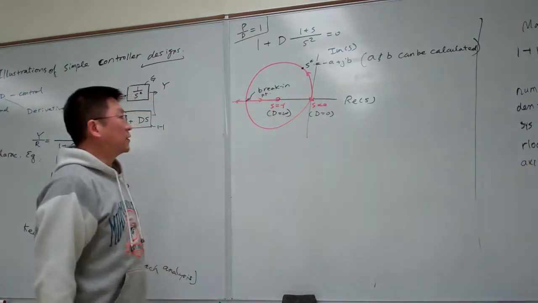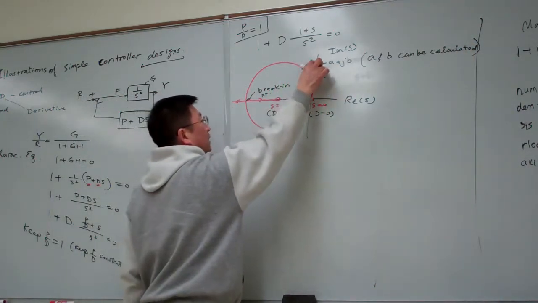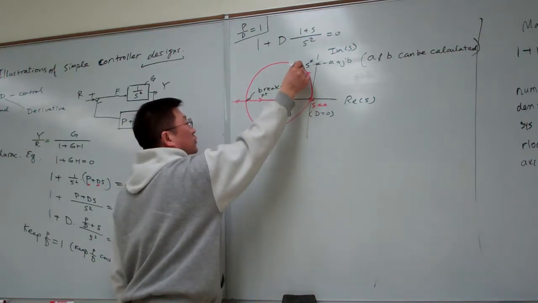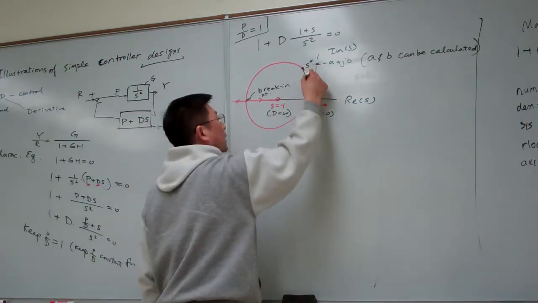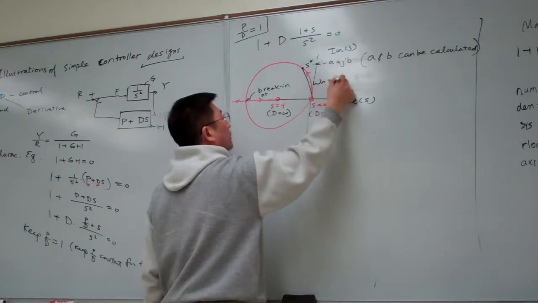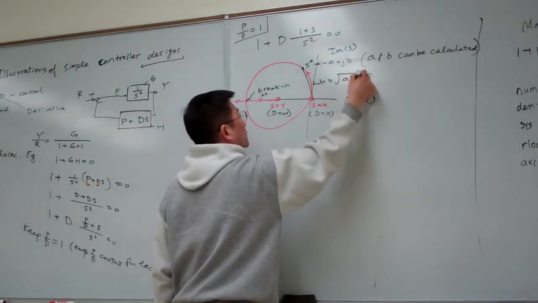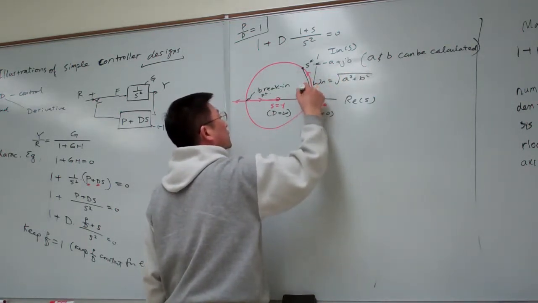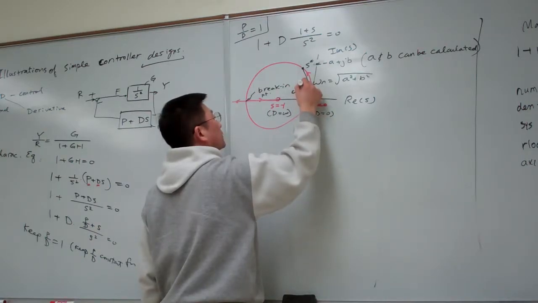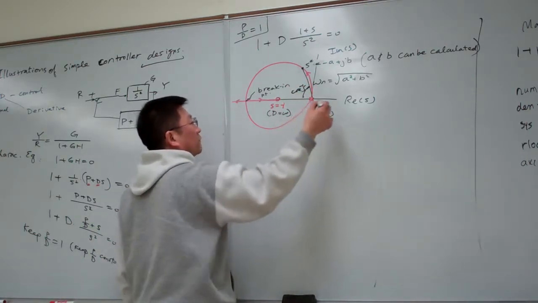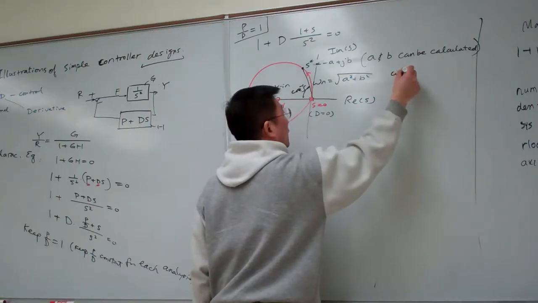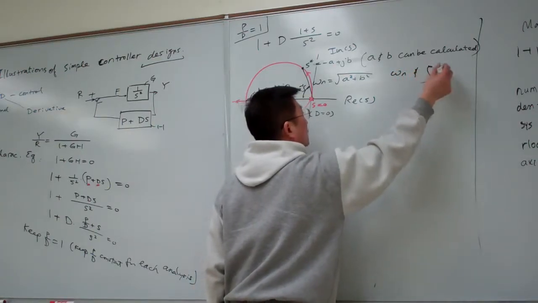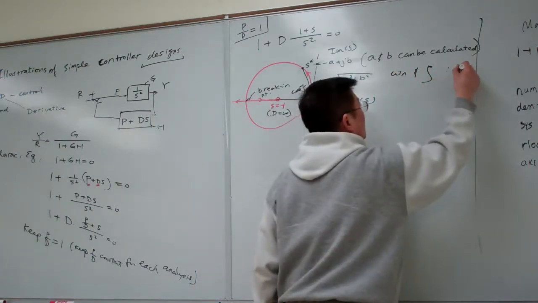So the A and B here are precise numbers, which means from there you should be able to calculate omega n, with magnitude equal to A squared plus B squared, and this is the cosine zeta. So from here you can determine omega n and zeta.